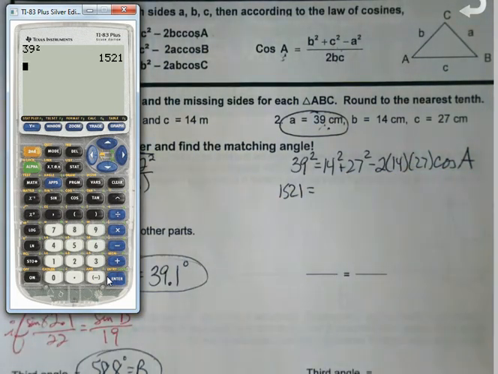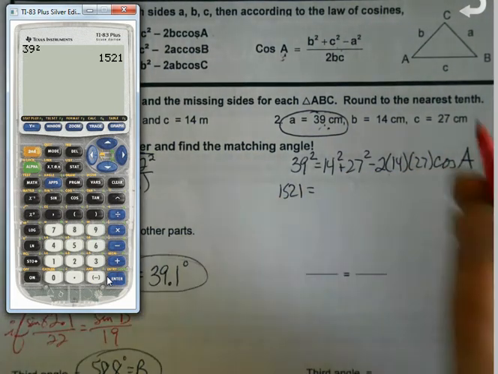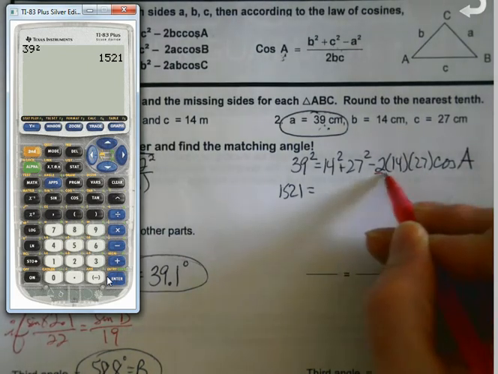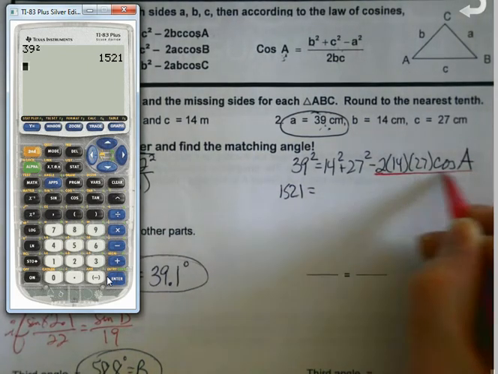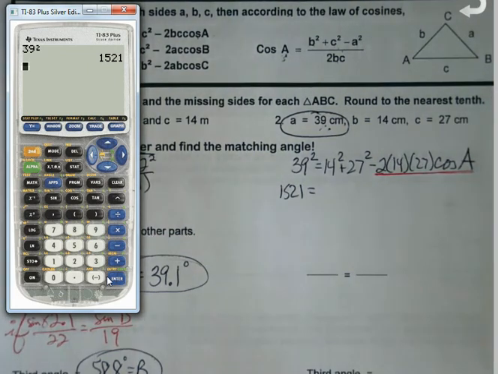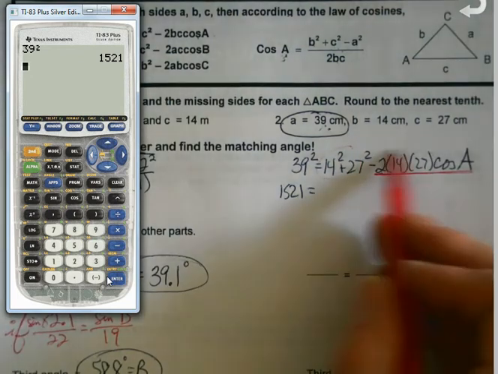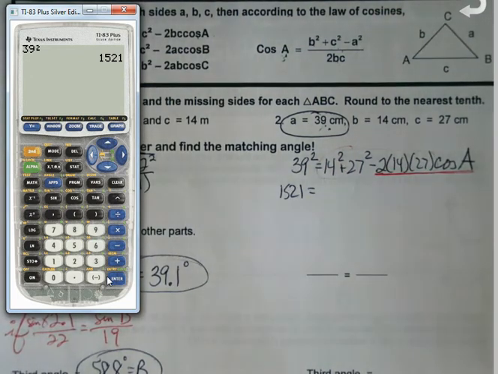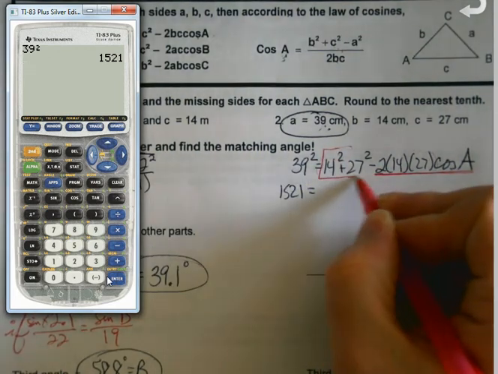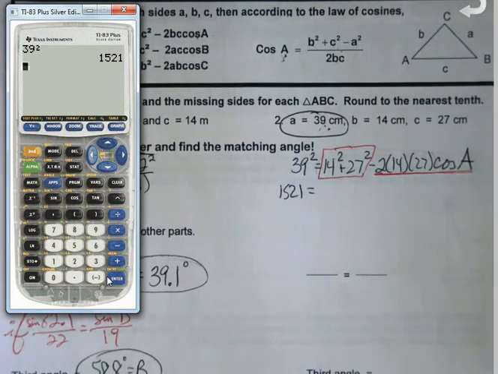When I get to this side, this is all connected with my cosine of A. I can't type all of this in together and just slap that in front of cosine A. It doesn't work that way, because this is like having a variable term on it. So what I have to do if I'm going to go this route is I kind of have to break that right side up a little bit.